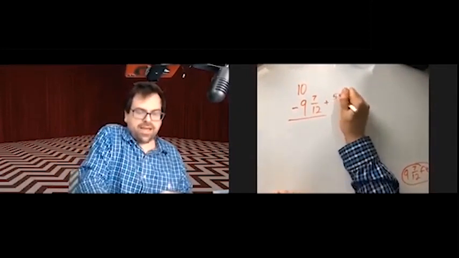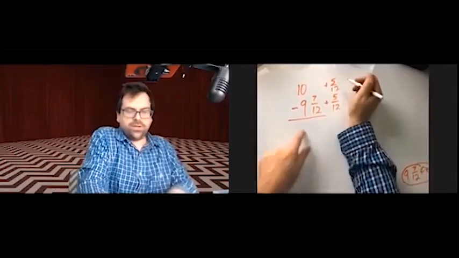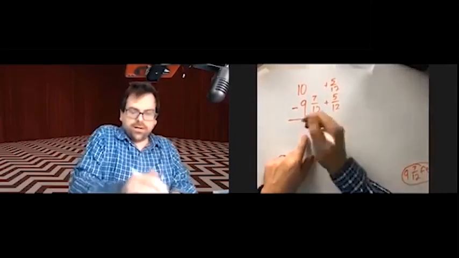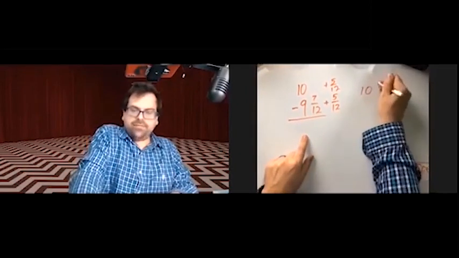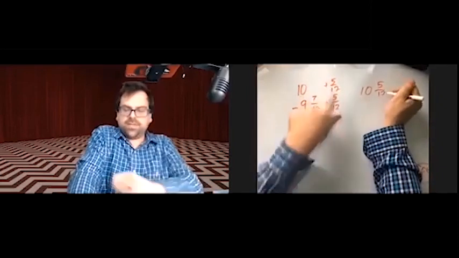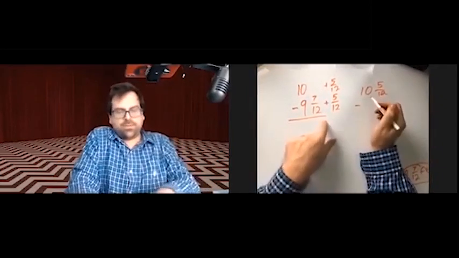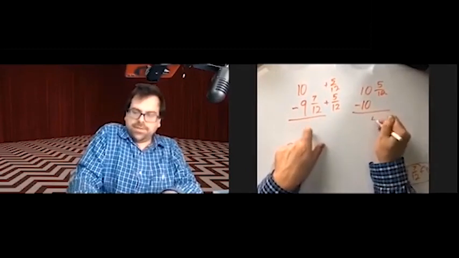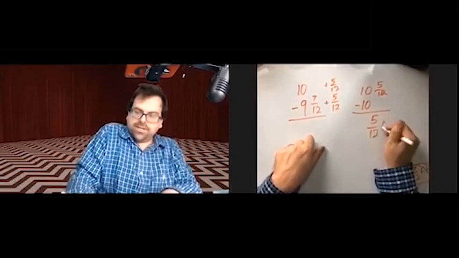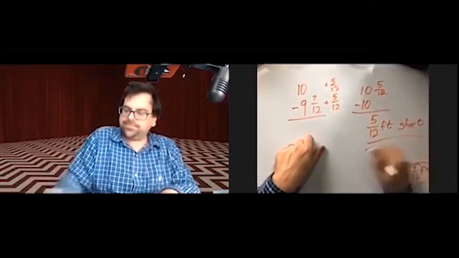I'm going to add 5/12 to both to turn the second one into what we need, a whole number. That's 10 5/12. 10 plus 5/12. Minus, the whole point of bumping that up was to bump it up to 10. So she's going to be 5/12 feet short.